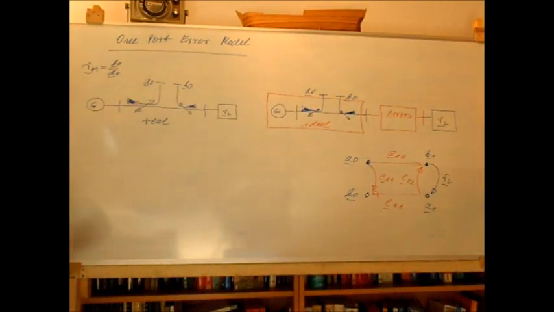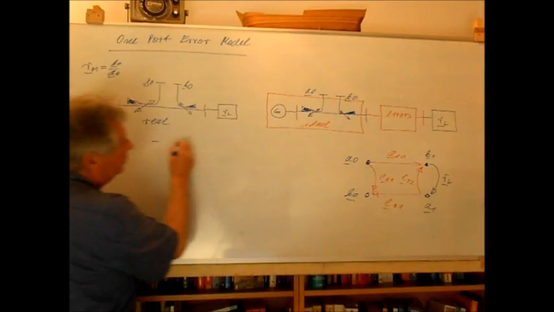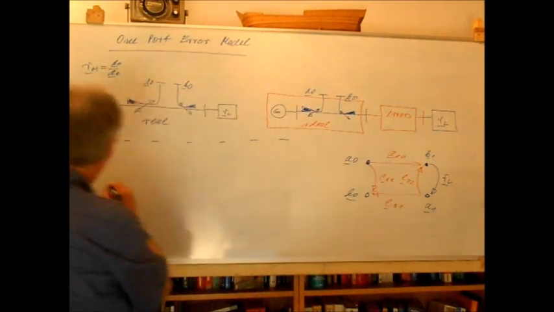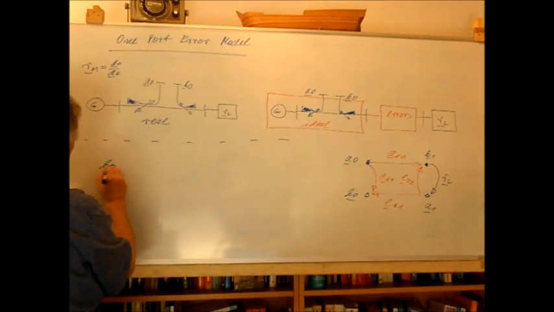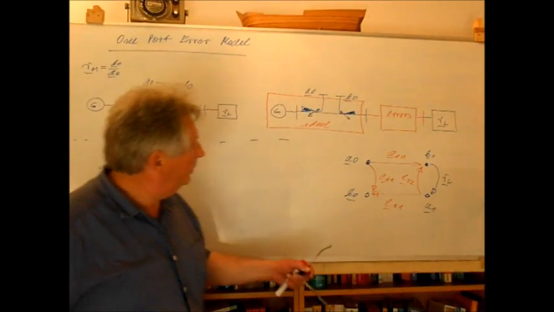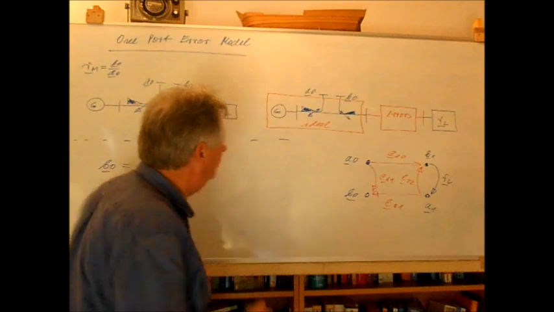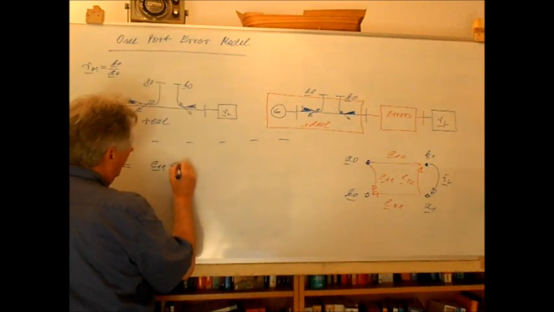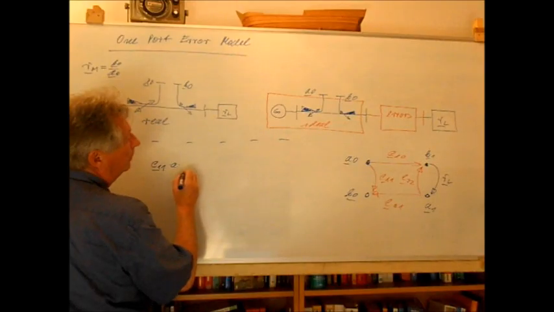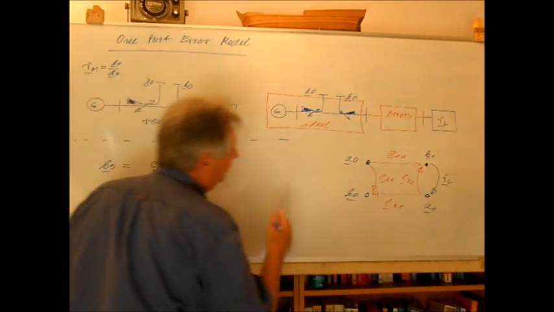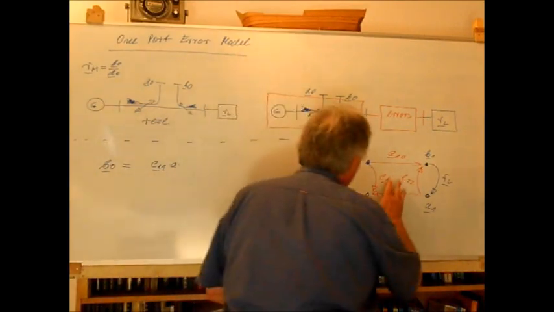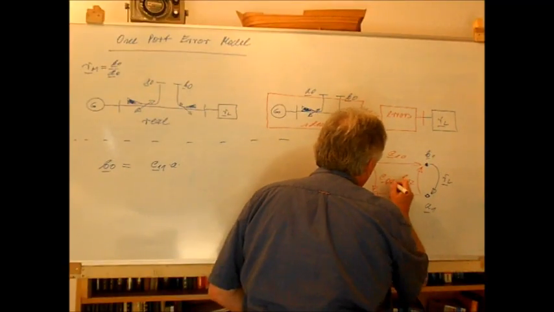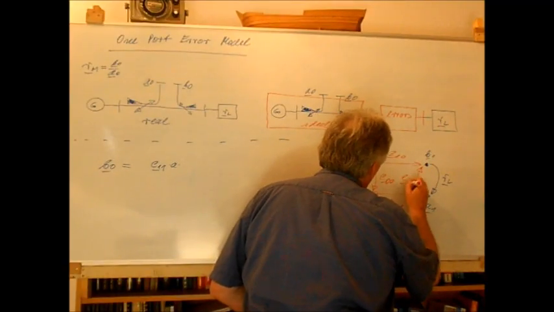So to calculate now the measured reflection coefficient, we must calculate B naught. According to our setup, we see B naught is E11 times, oh sorry, I used different indices here, so I have to use 0, 0, and here 1, 1.